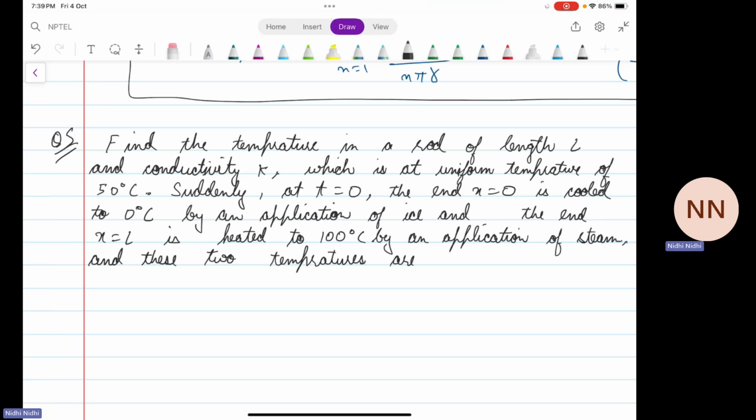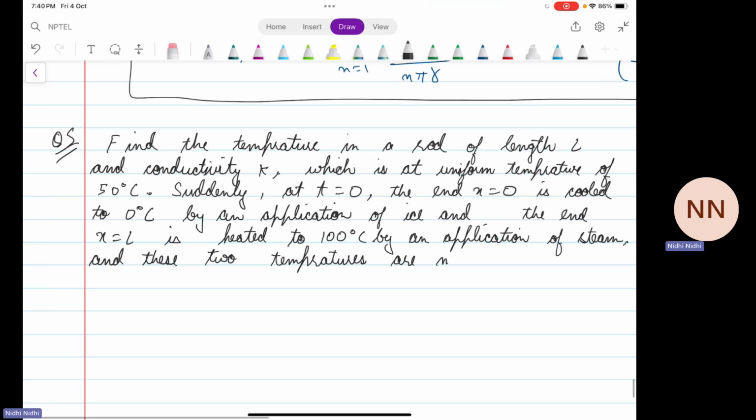So after time t equals 0, for every t strictly positive, at the end x equals 0 the temperature is 0 degrees Celsius, and at the end x equals L the temperature is 100 degrees Celsius. The temperatures are maintained at both ends.